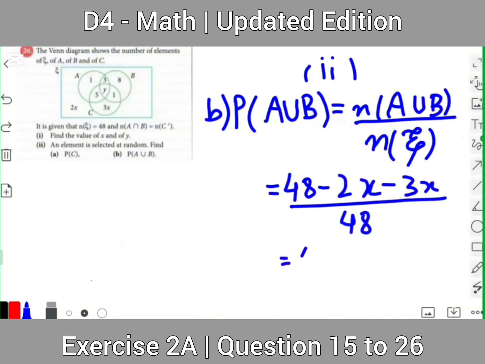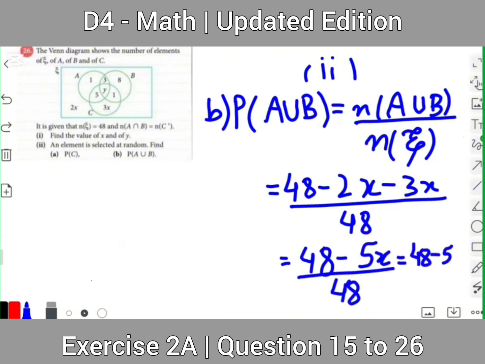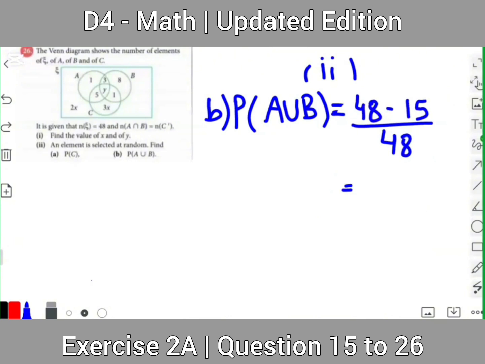And after simplification, it will become 48 minus 5x over 48. And we will put in the value of x, and that was 3. And it will become 48 minus 5 into 3 divided by 48. Now it will become 48 minus 15 over 48. And 48 minus 15 is equal to 33 divided by 48. And after simplification, it will give us 11 over 16. So the probability of A union B is equal to 11 over 16.